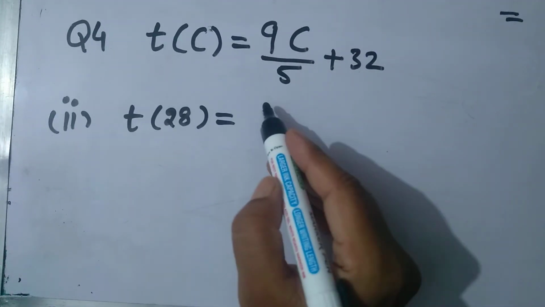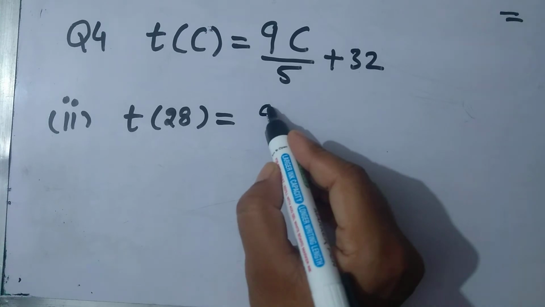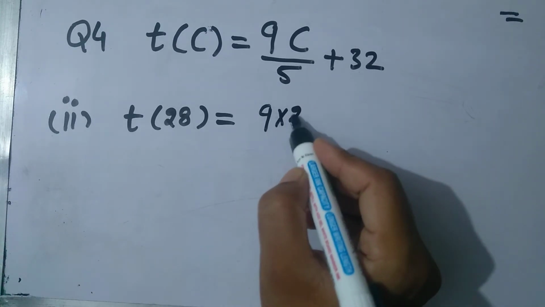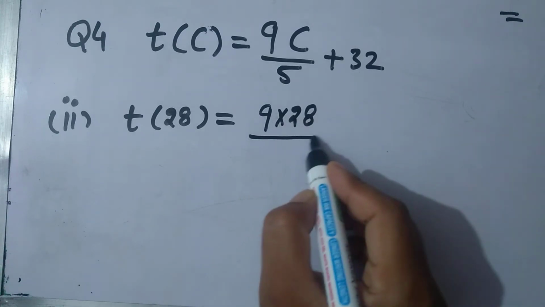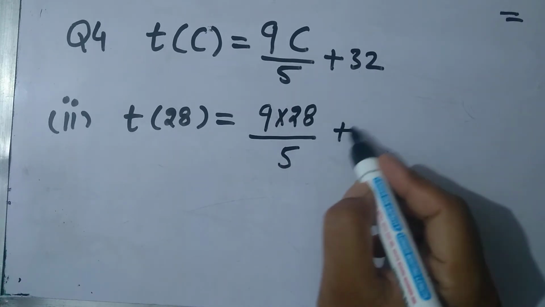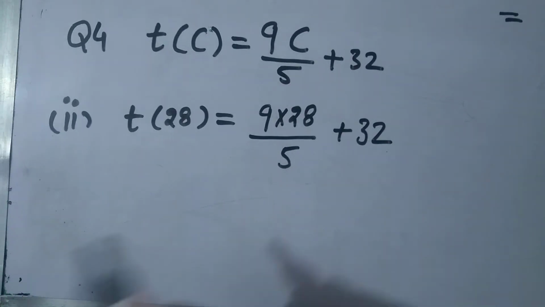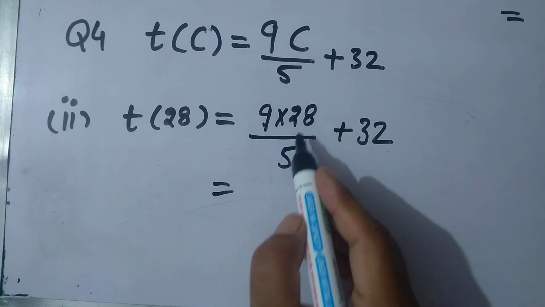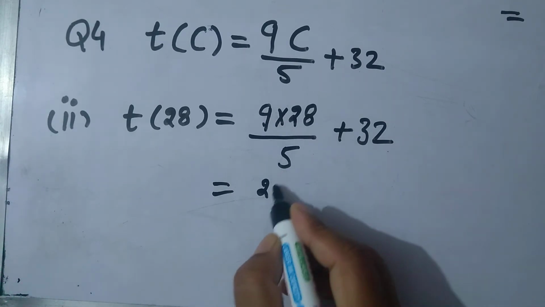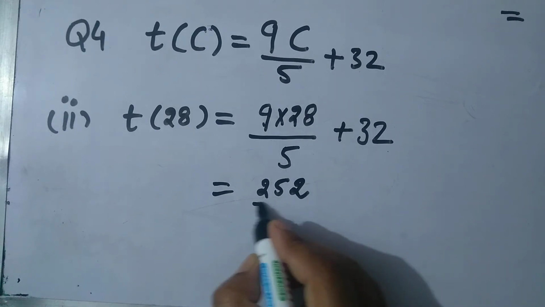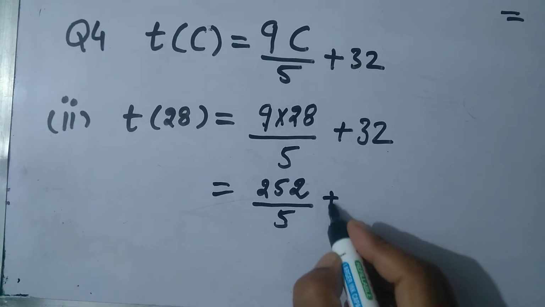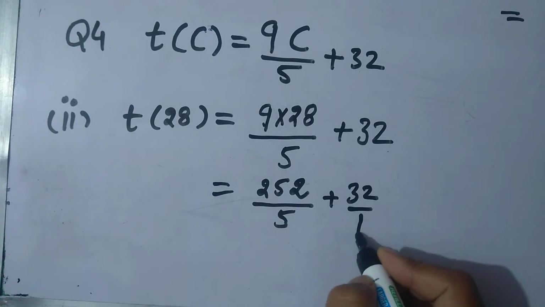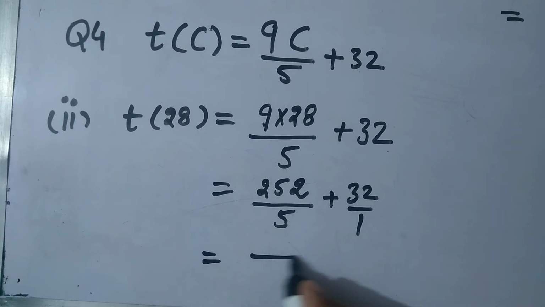So put C is equal to 28 this time. 9 into 28 divide 5 plus 32. So 28 into 9, that means 252. Divide 5 plus 32 divide 1, LCM is 5.